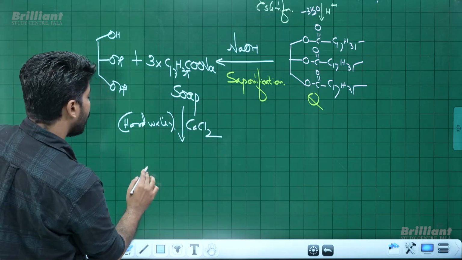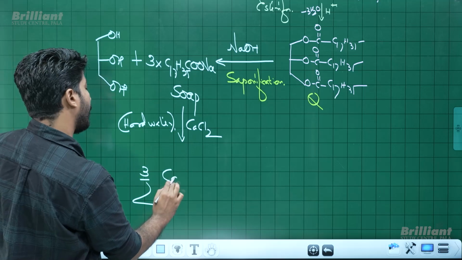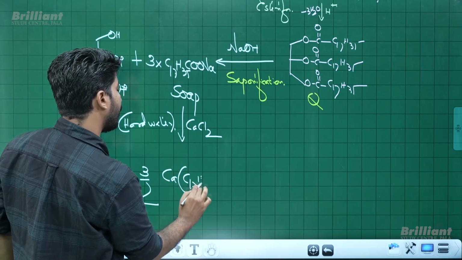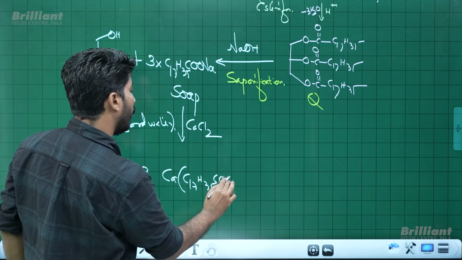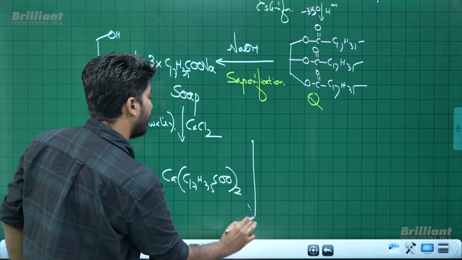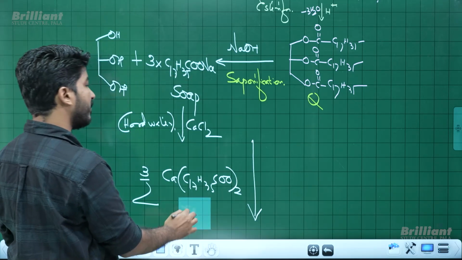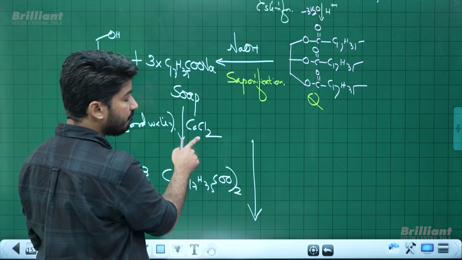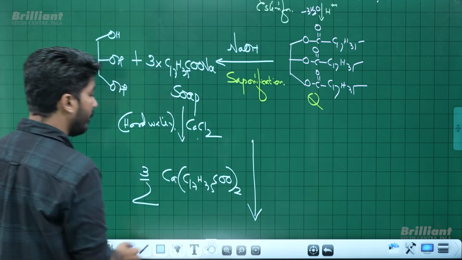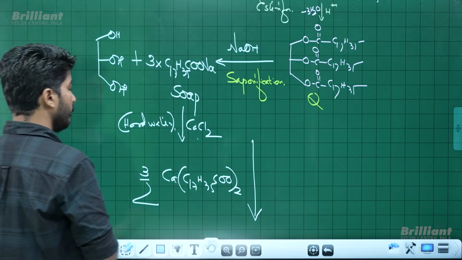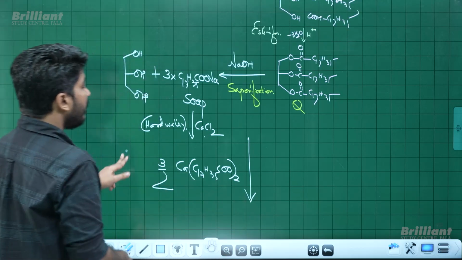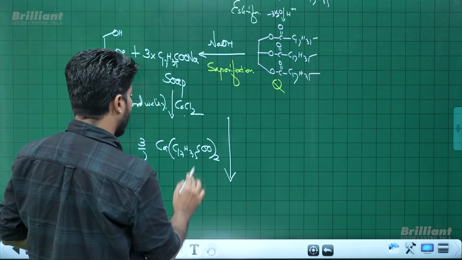So that becomes 3/2 Ca(C17H35COO)2, which is a precipitate. That was soluble, this is a precipitate. That is the reason for hardness, the not working of soap in hard water. So that is our final product called R.